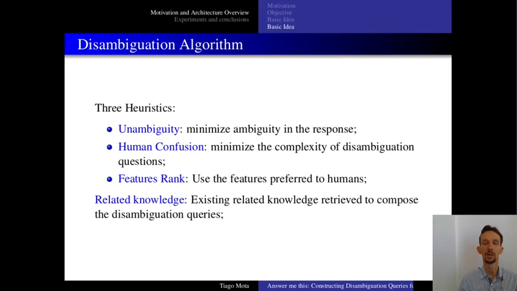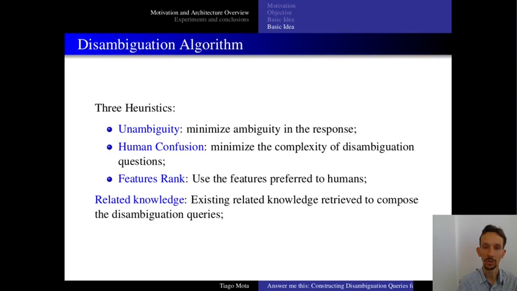The disambiguation algorithm uses 3 heuristics, namely unambiguity, human confusion, and features rank. The unambiguity tries to minimize the ambiguity in the human response after the robot poses the disambiguation query.